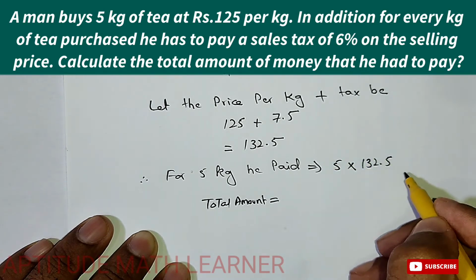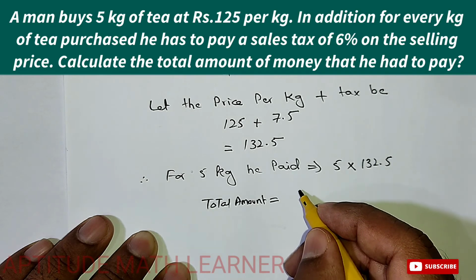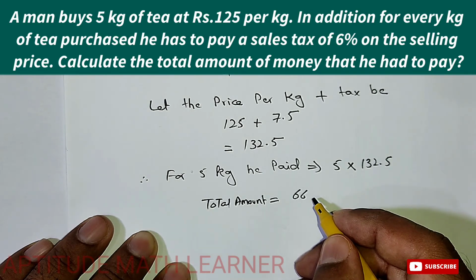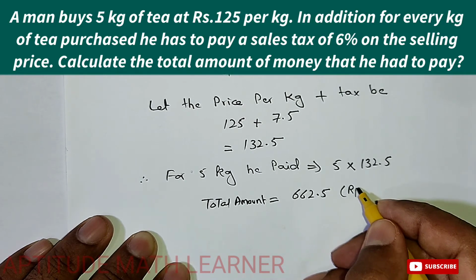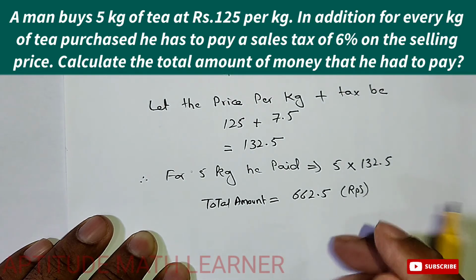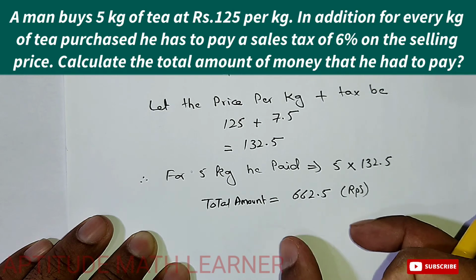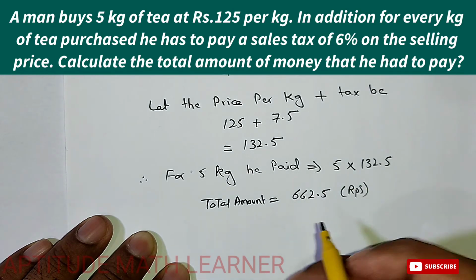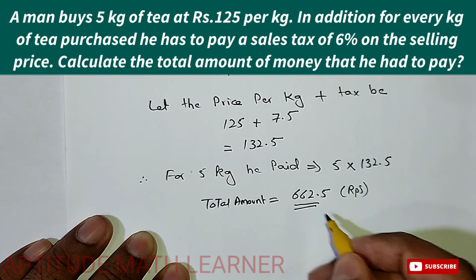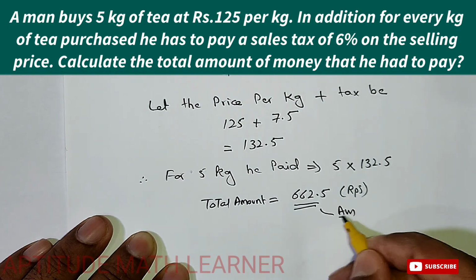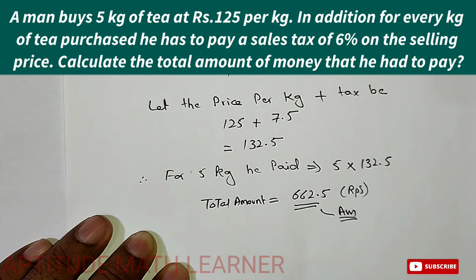After we multiply this, we get the answer, that is 662.5 rupees. So the total amount he paid with the tax for 5 kg will be 662.5 rupees, and this is our answer. I hope you have understood the whole question and the method of solving. So thank you very much.